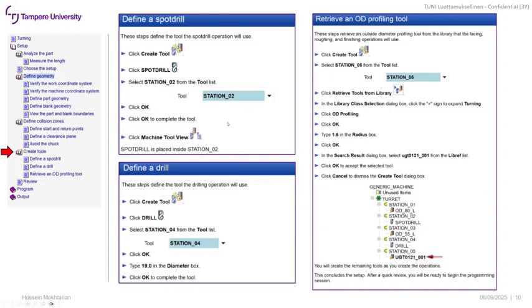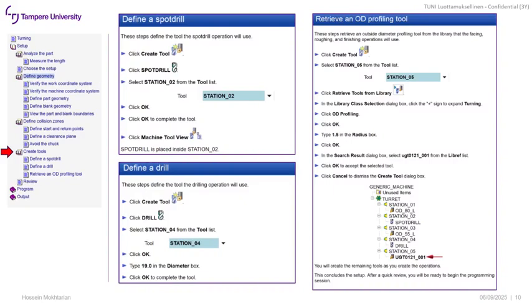In this case, the internal ones are assigned to the even numbers, so 2, 4, 6, and so on, and the outside diameter tools to odd numbers, so 1, 3, 5, and so on. You need to make sure that you have enough room in your turret for your tools, and if not, then you need an additional turret, for example, for those.